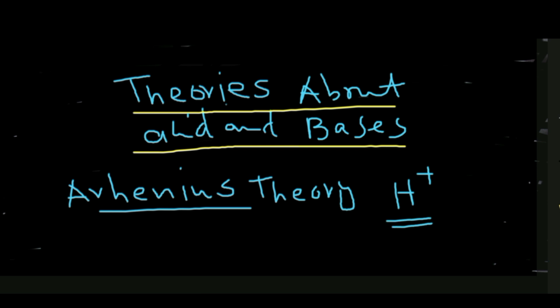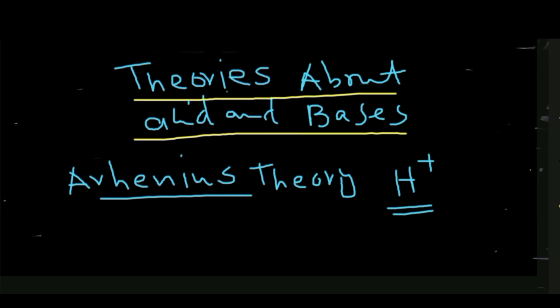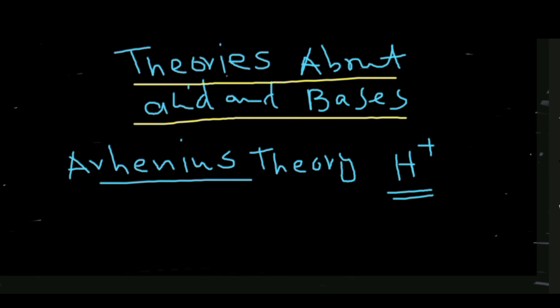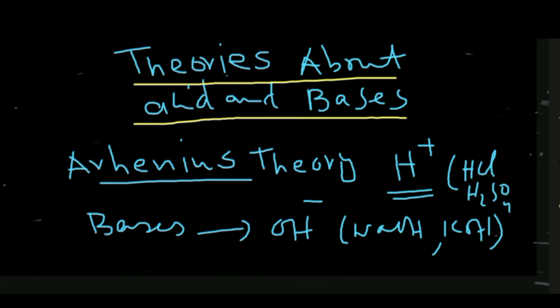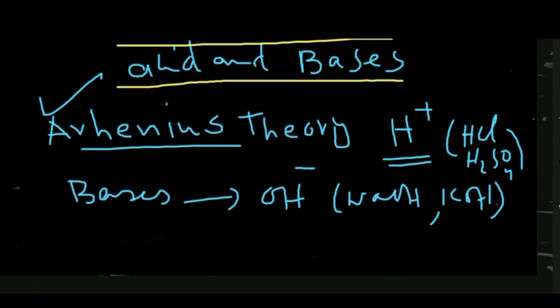While according to Arrhenius theory, bases are those which produce OH ions in aqueous solutions, such as NaOH, KOH, etc. HCl and sulfuric acid produce H+ ions in aqueous solutions.